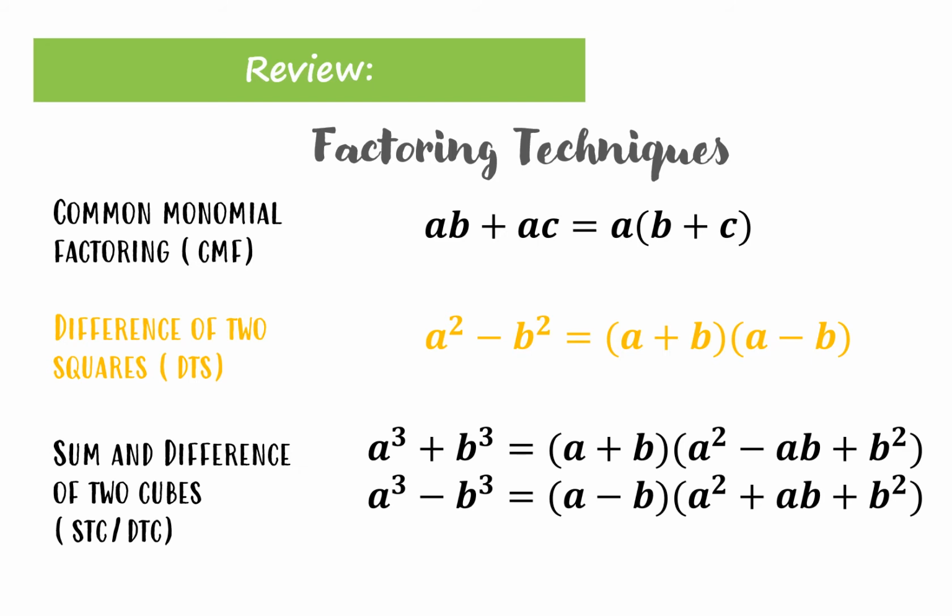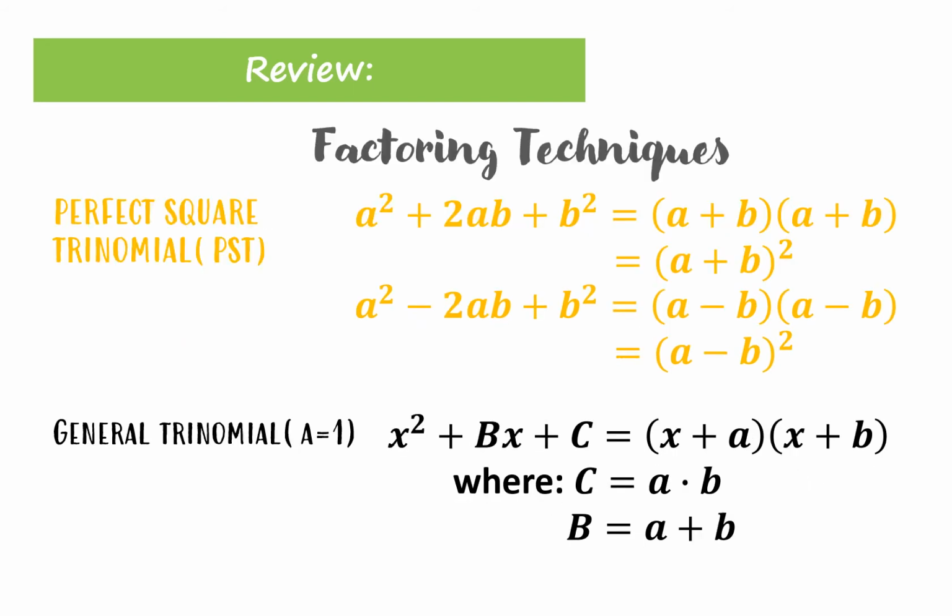So here naman kinukuha na natin ng square root ang first at second term. And we just have to follow the formula. And then the sum and difference of two cubes, the STC or DTC. So, kung kanina square root, dito kinukuha na natin ang first at second term ng cube root, and we just have to follow the formula.